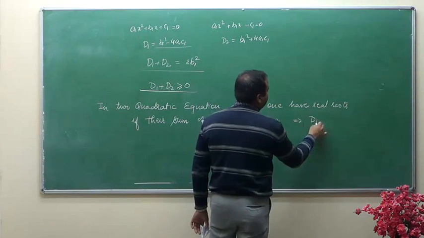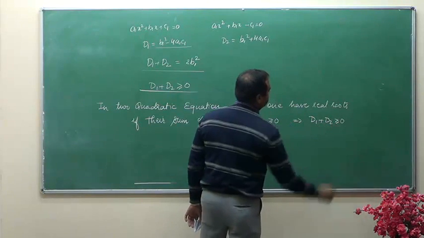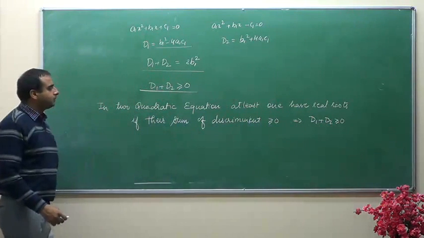That means d1 plus d2 is greater than or equal to 0.